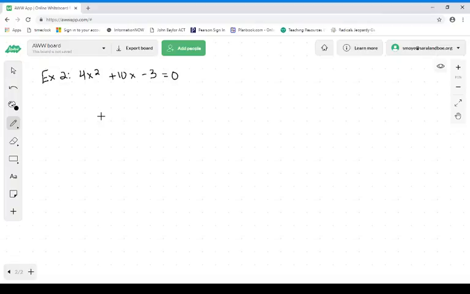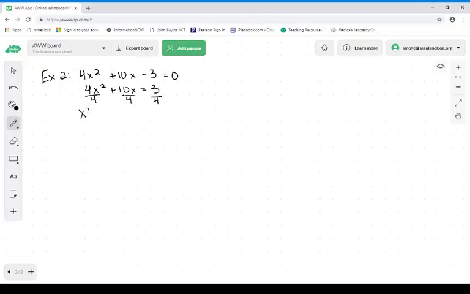Okay, so we want to get the terms with x on this left side together. So we're going to have 4x squared plus 10x equals positive 3. Now at this point, whenever we are completing the square, we want to go ahead and have a be 1. So whatever the a term is, we want to divide everything by that value. Here a is 4. So I want to divide everything by 4.